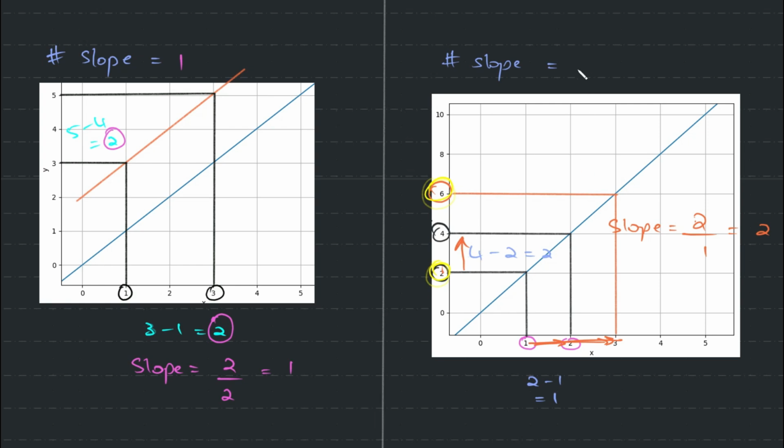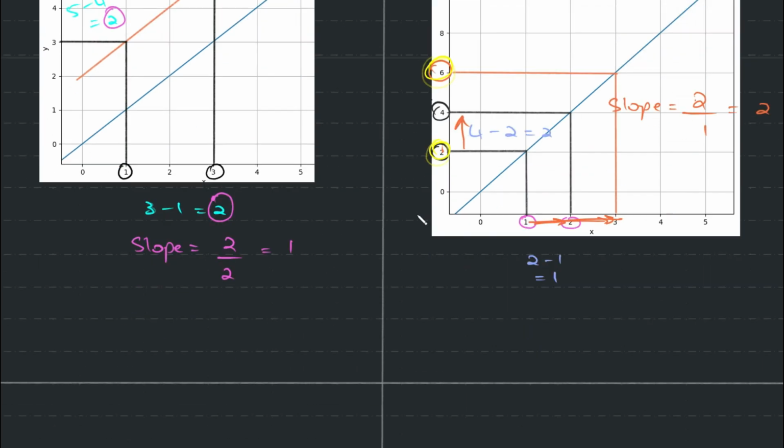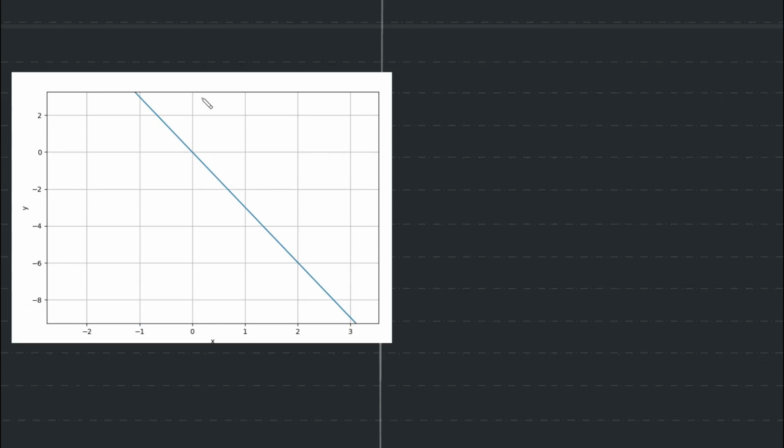I can't go slower than this because all this is supposed to be just a recap. Slope in this case is minus 3. Let's see why. Again, I'll take 0 and 2. I have the corresponding values of y as 0, and at 2 it is minus 6.